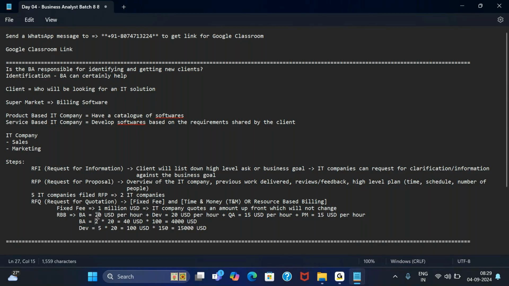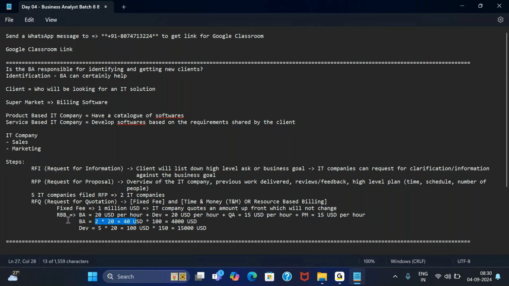I will tell the client, I am going to charge you $20 per hour for every BA. So if I have two BAs, I will charge you $40 per hour. If I have three BAs, I will charge you $60 per hour. So in resource based billing or time and money related projects, we don't give a fixed quotation or upfront amount to the client.